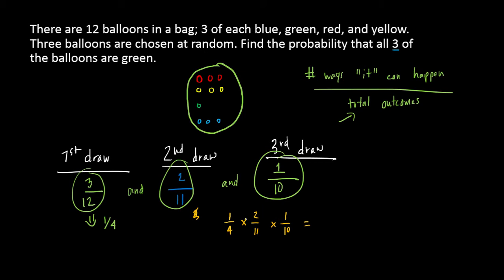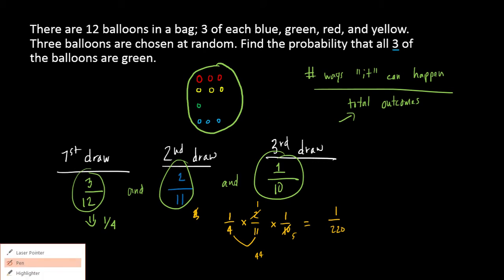Let's simplify. I'm going to simplify this 2 with this 10. And I get 1 over 4 times 11 times 5, which is 220. So there's a 1 in 220 shot of pulling 3 green balloons in a row.